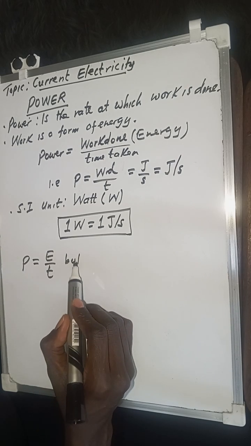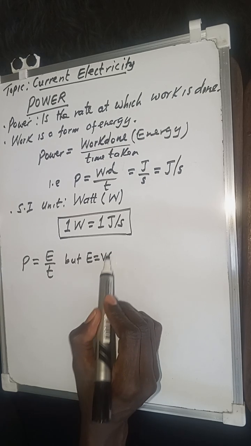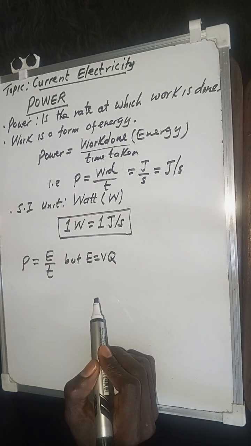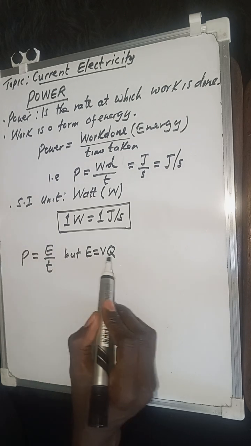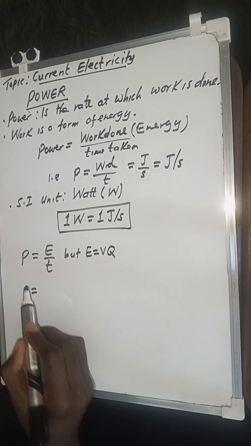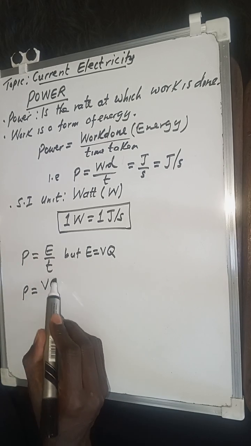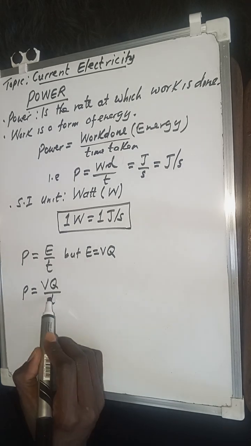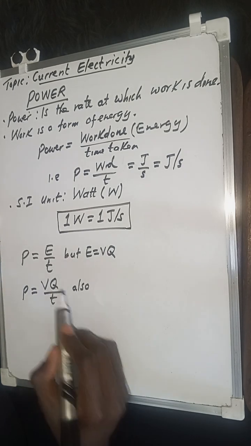But we know something, that energy is equal to voltage multiplied by charge, if you remember from our previous discussion. So therefore, where there's energy, I can replace with voltage and charge. So it is going to be power is equal to voltage times charge divided by time.